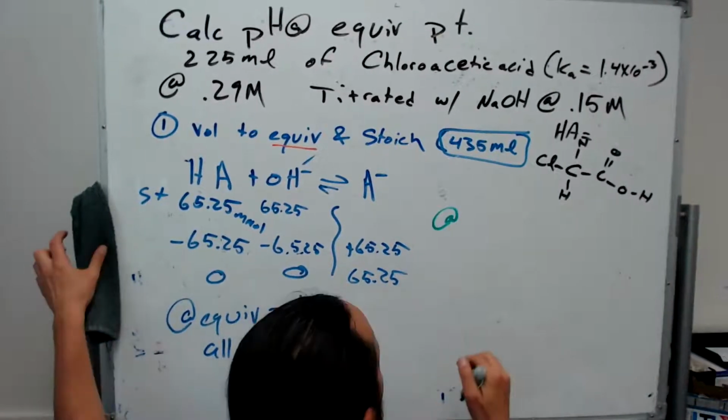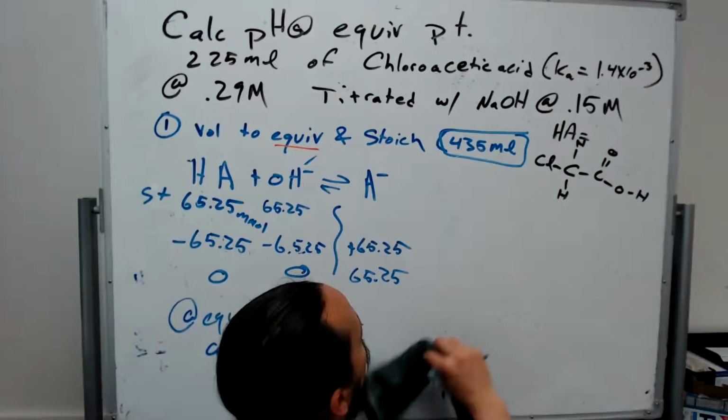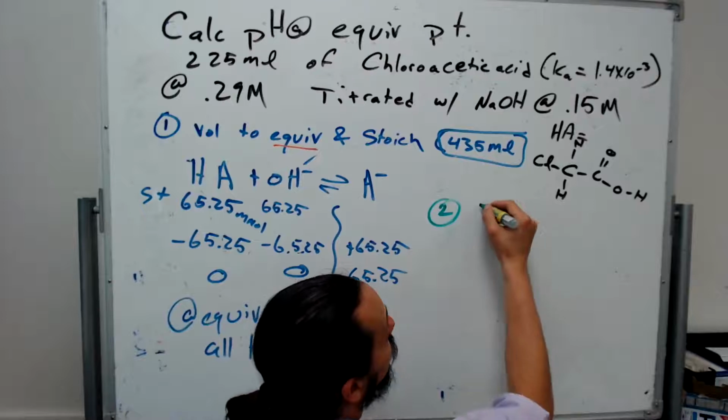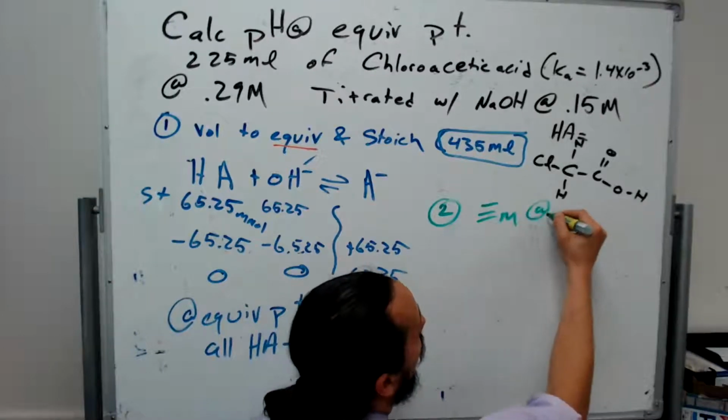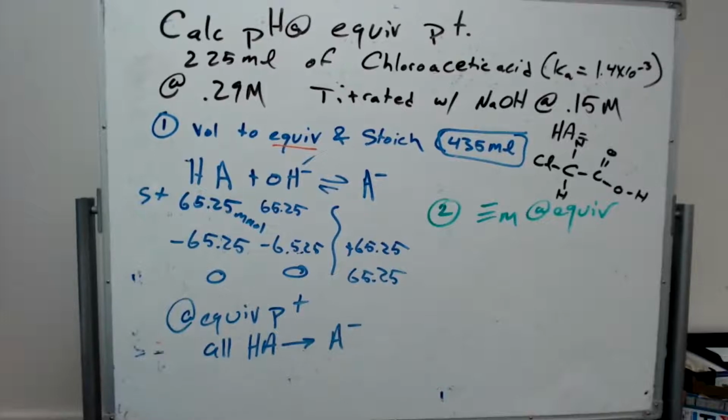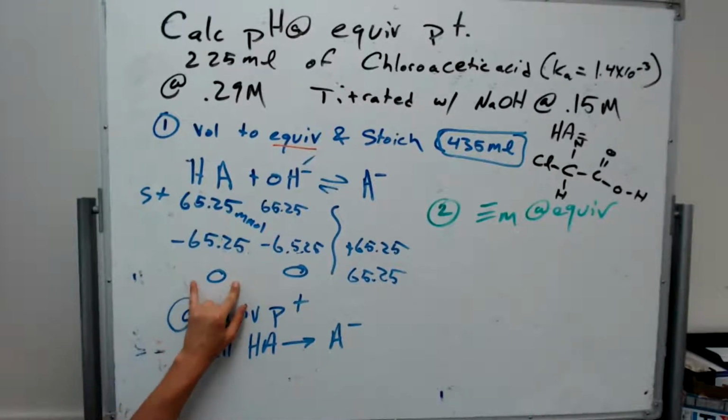So then we can go on to number 2. We can do the equilibrium at the equivalence point. Notice, because we've got 0 acid left, it can't be a reactant, right? We can't have water interacting with something that's not there.